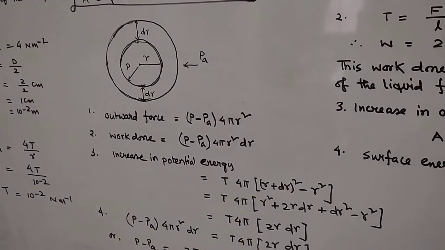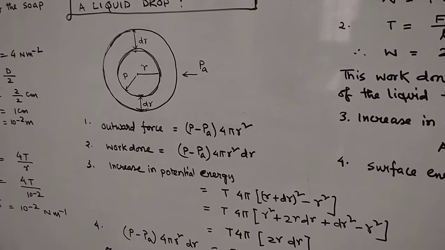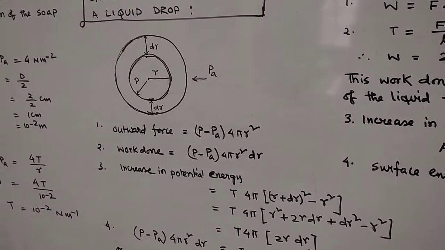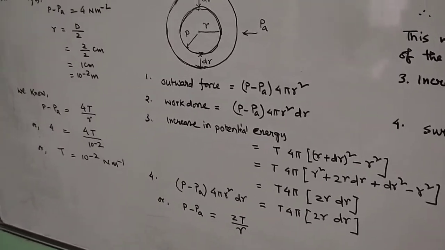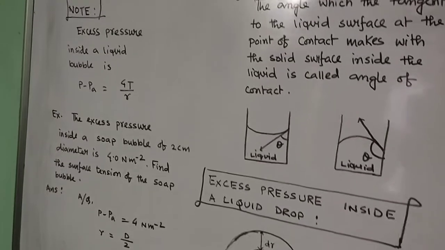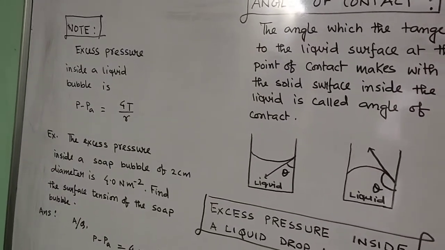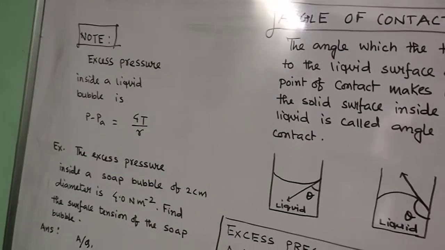Equations 1 and 2 remain the same, only 3 will be 2 times. Because the surface tension T is there, whenever the tension term is there, you have to count the number of surfaces. In case of a bubble, there are 2 surfaces, so on simplification you get P minus PA equal to 4T by R. So the excess pressure inside the liquid bubble is 4T by small r. I am leaving it to you, try this one, it's very simple.